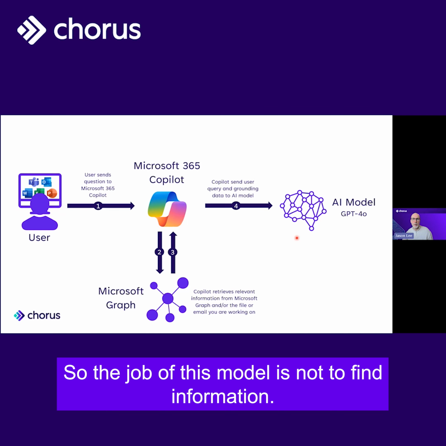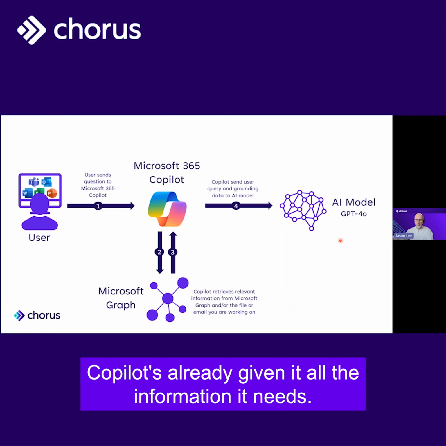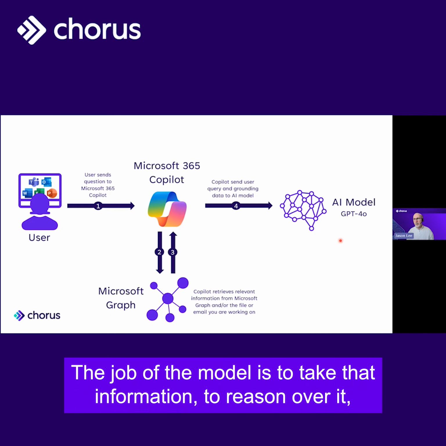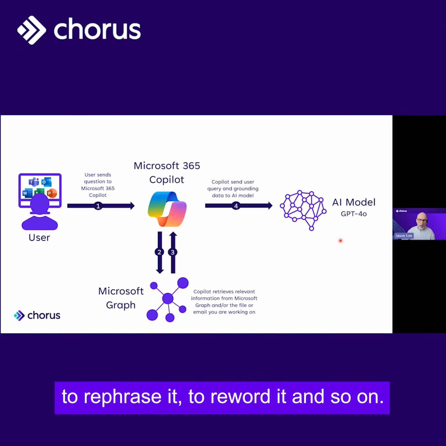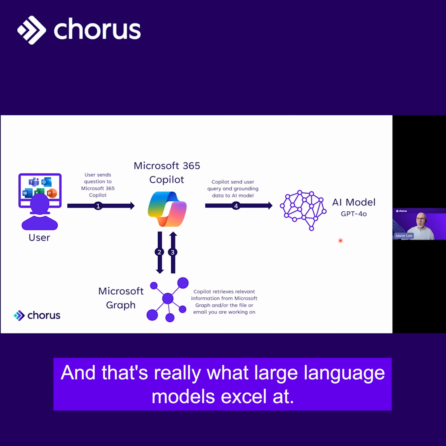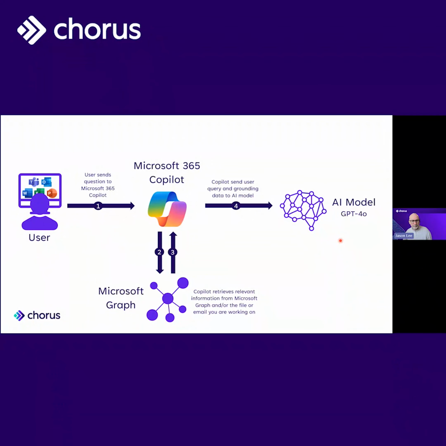The job of this model is not to find information. Copilot's already given it all the information it needs. The job of the model is to take that information, to reason over it, to summarize it, to filter out what's important, to rephrase it, to reword it, and so on. And that's really what large language models excel at.